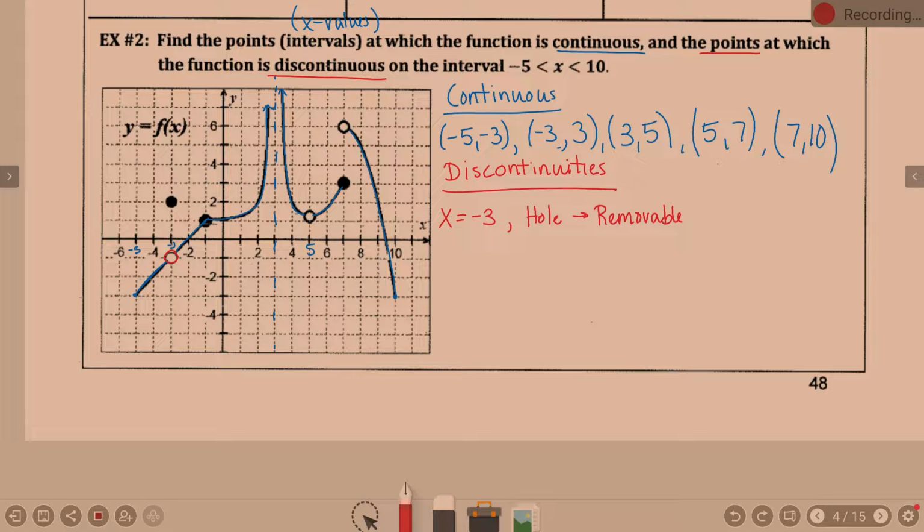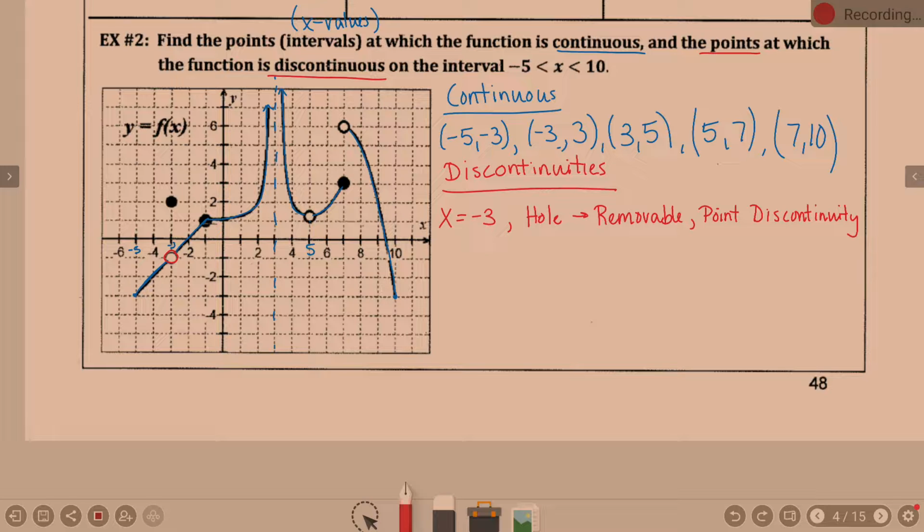We could also call it a point discontinuity. I don't have that written down for some reason, but yeah, I agree. I probably should write the word.